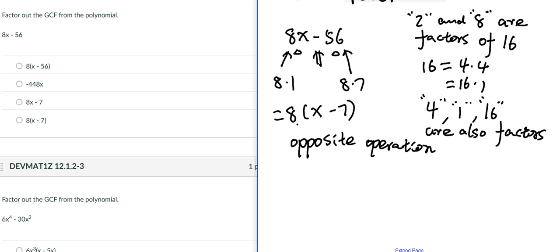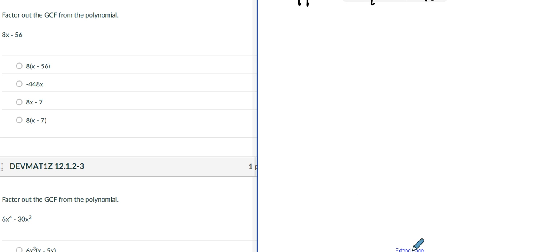When you do distributive property, you do multiplication, multiplying this one out. When you do factoring, you factor this expression out. So here the option of choice is 8 times x minus 7. All right. That was question 14.